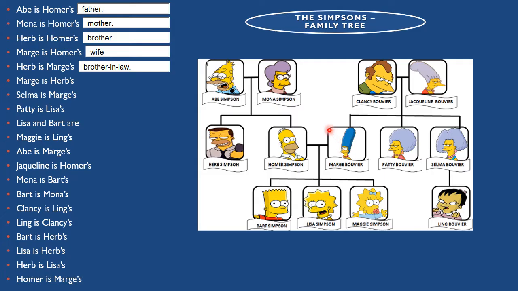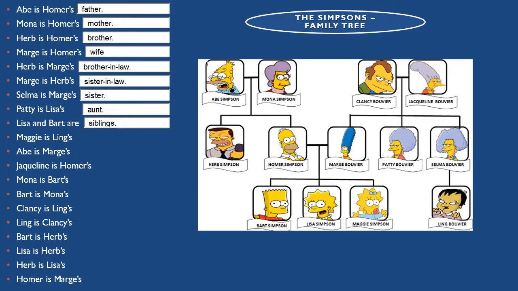Marge is Herb's sister-in-law. Selma is Marge's sister. Patty is Lisa's aunt. Lisa and Bart are siblings.